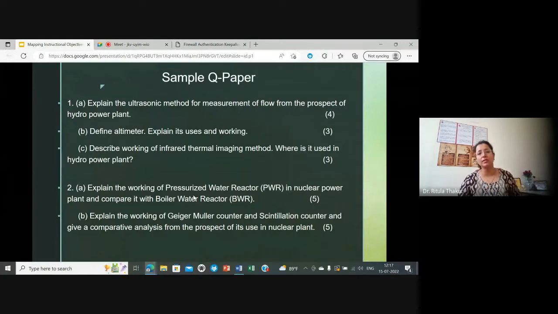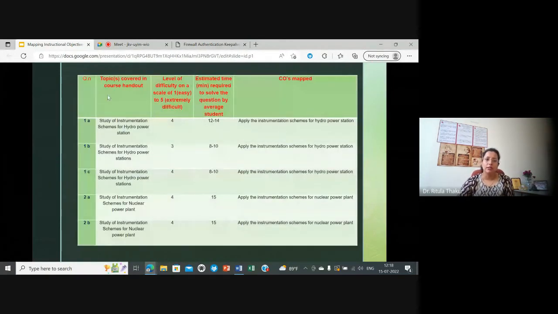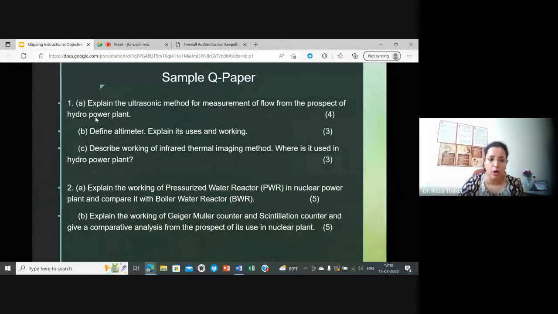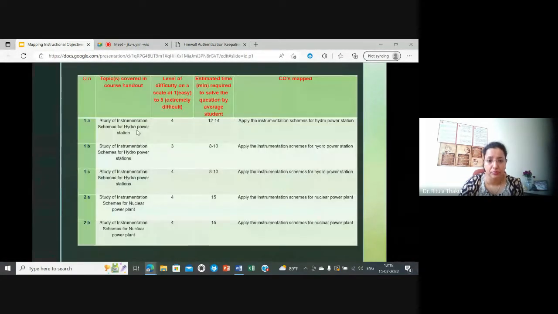Now I have taken one sample question paper, in which there are various parts, and this is the mapping which you have to do. For example, the first question, part A, is: explain the ultrasonic method for measurement of flow from the perspective of a hydropower plant.